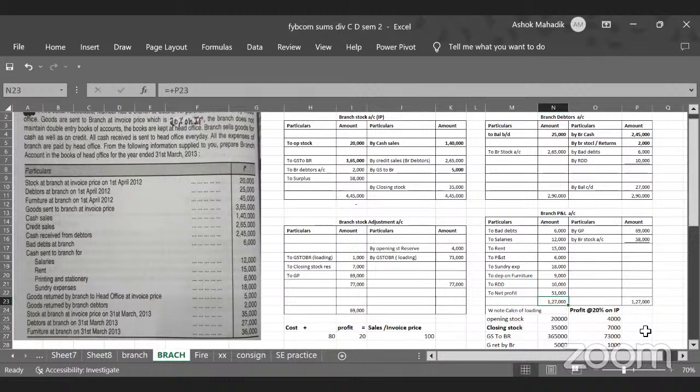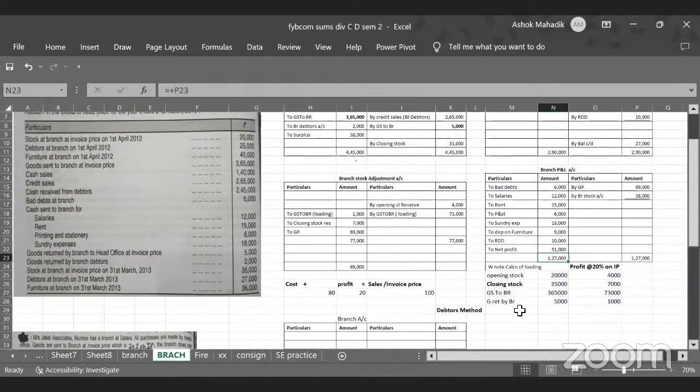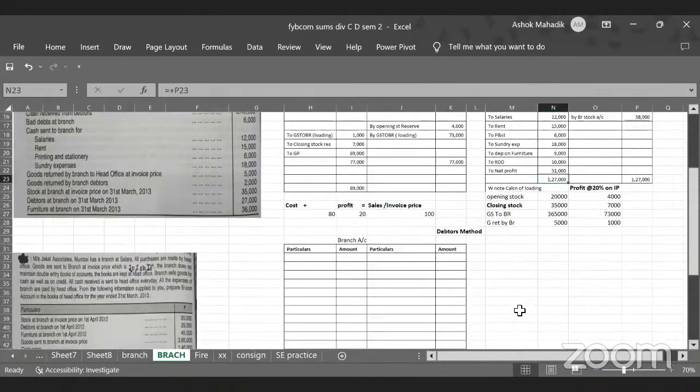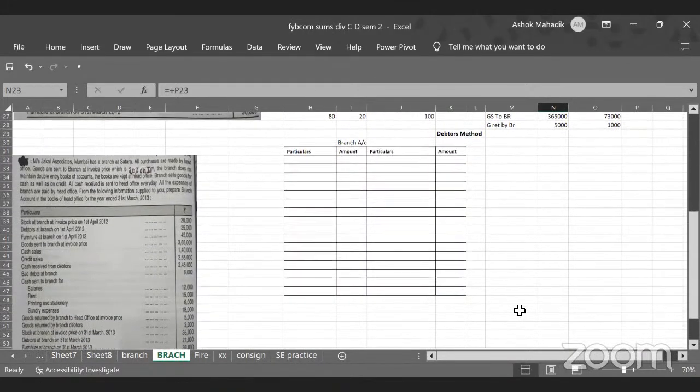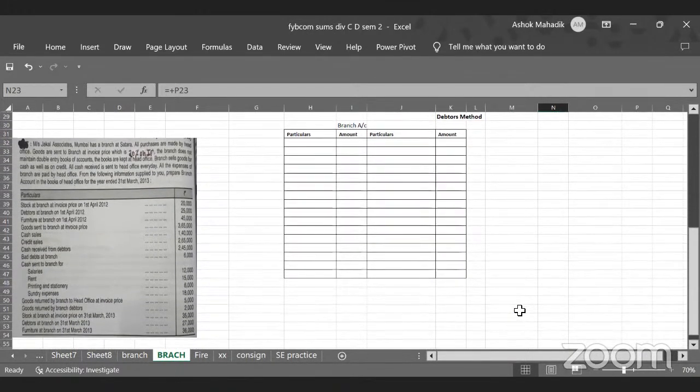So now what I'll do, I'll solve same sum by using DEBTORS method. Okay, same sum. Actually, this sum was for DEBTORS method, but I use same sum for solving using stock and DEBTORS method. Okay, so let us solve this by using DEBTORS method.